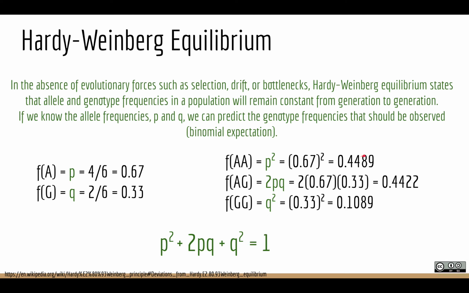And these genotype frequencies also have to add up to 1. So if we sequenced 1,000 individuals and looked at this site, we'd expect 448 individuals to be homozygous AA, 442 to be heterozygous AG, and 108 to be homozygous GG.